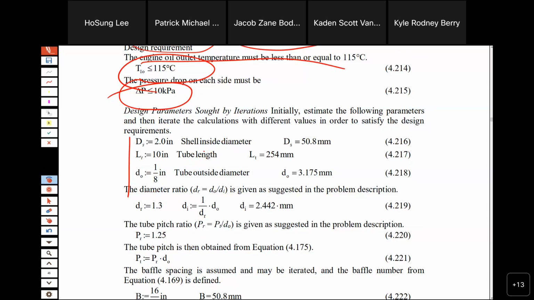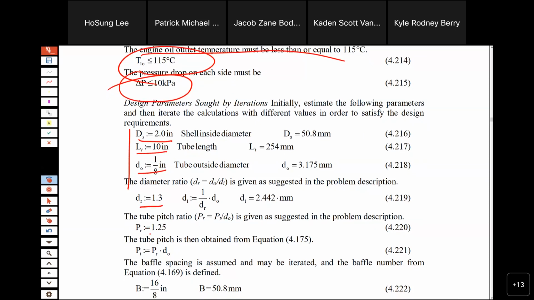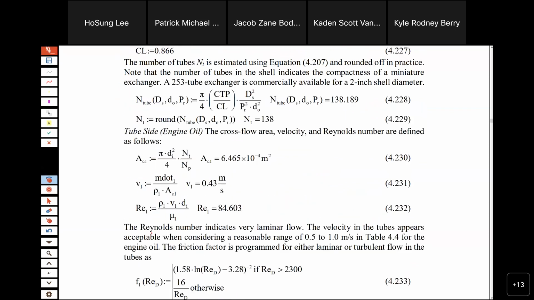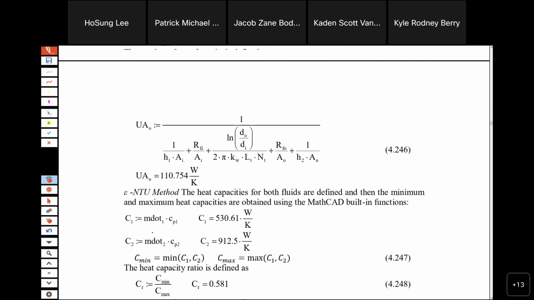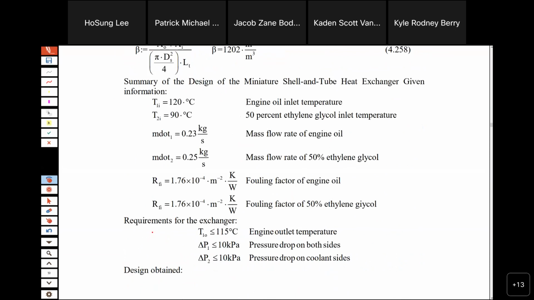No, I don't think so. Because once you have MathCAD, you can just assume and develop. Once you complete the development, you see the pressure and the outlet temperature.